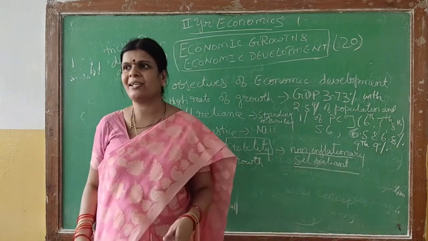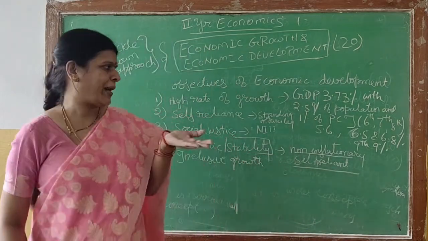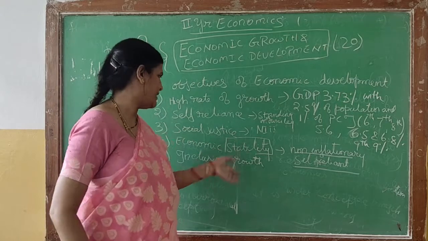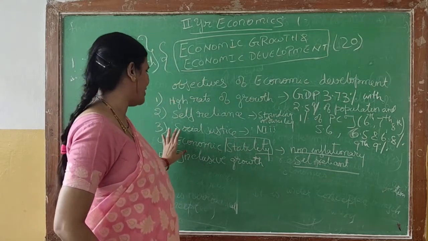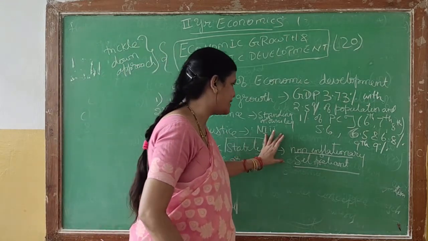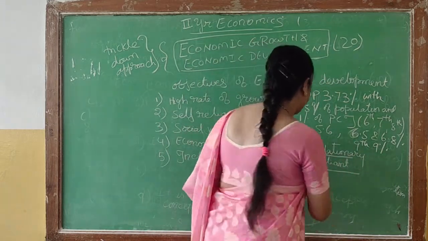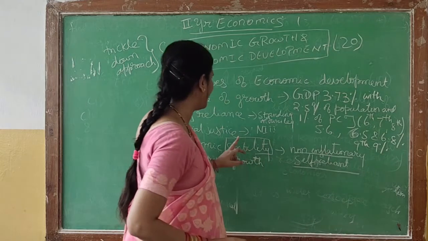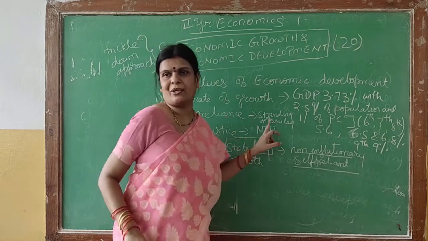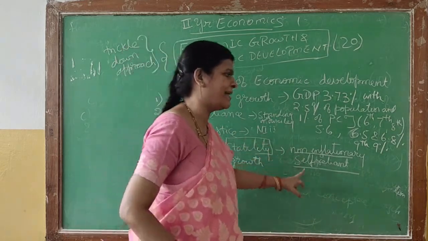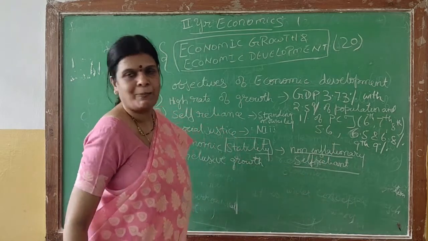What is inflation? It is an increase in the price of goods and services. So the objective of economic stability can be achieved only through non-inflationary and self-reliant policies. Self-reliant means dependence on imports should be less and exports should be more.